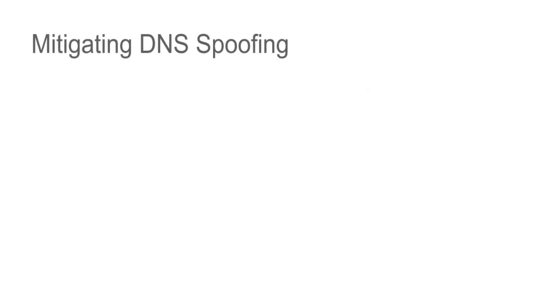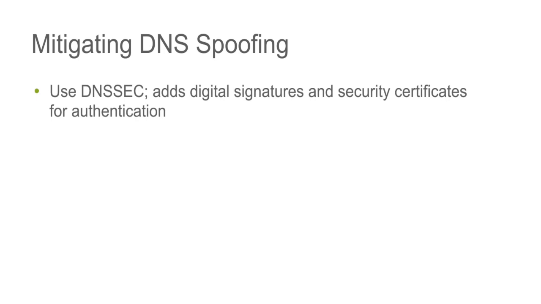Now we can mitigate this by using something known as DNS security, adding digital certificates and security certificates as well. And again, strong access control inbound on our network to make sure that we're not allowing any addresses to be sourced from the outside that we should not see.